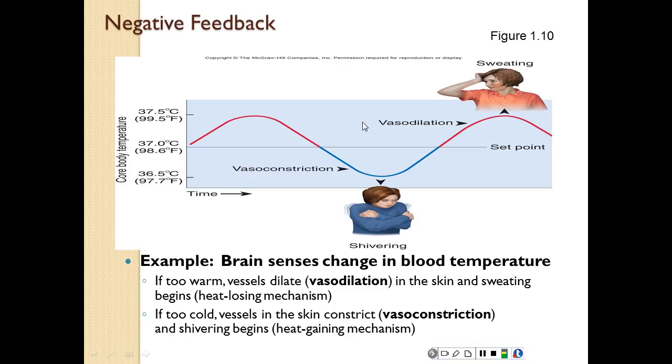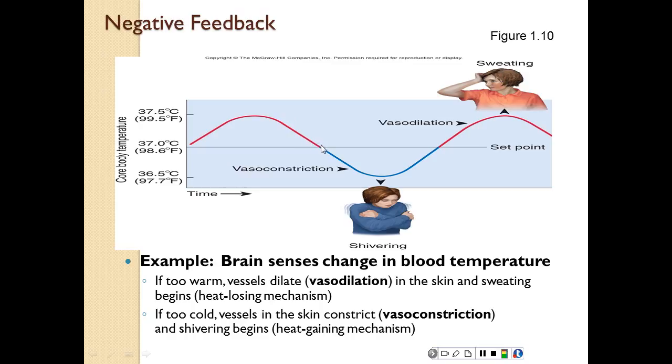We have vasodilation. What's vasodilation? Vaso basically is talking about the blood vessels of your skin starting to dilate. They start to open up so that we can start sweating. We have more blood flow to the skin, causing you to sweat. That's our vasodilation. And that sweating helps us to cool off.